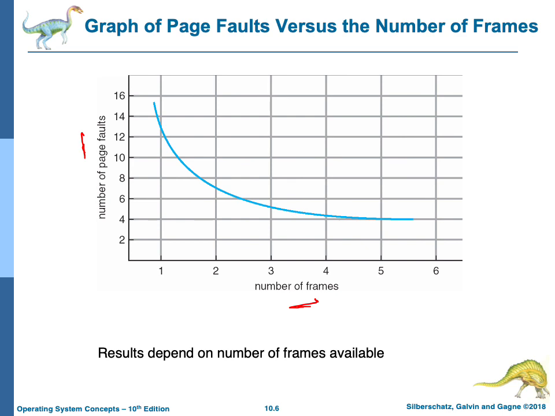If we only have a few frames in physical memory, we end up with a high rate of page faults, because there are multiple pages competing to be allocated those frames. However, if we have lots of frames, the page fault rate decreases because now we have space to accommodate all those requests.